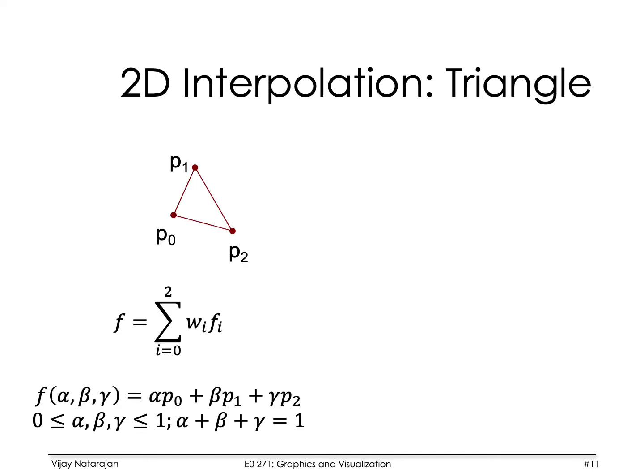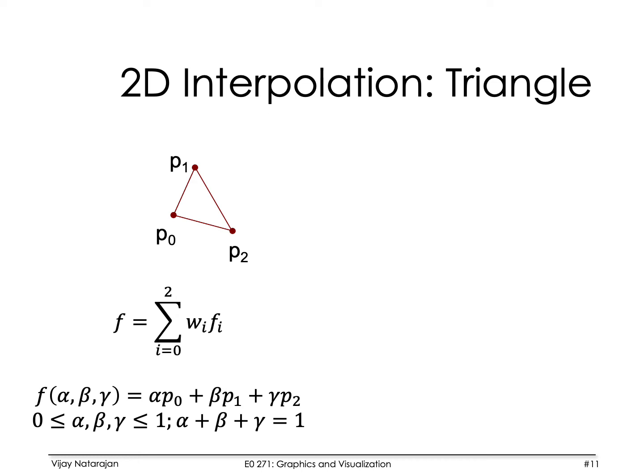So with that note, I think we will stick now to linear interpolants and simple variants of linear interpolants. Let's talk a little bit about linear interpolation in 2D. So here is the interpolant f.